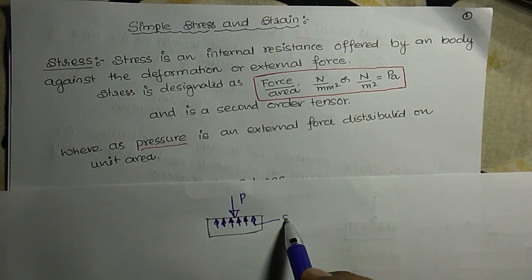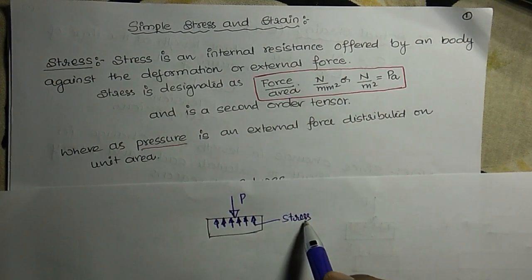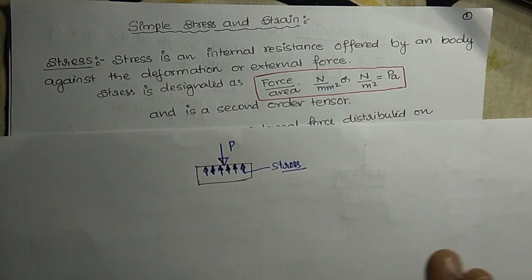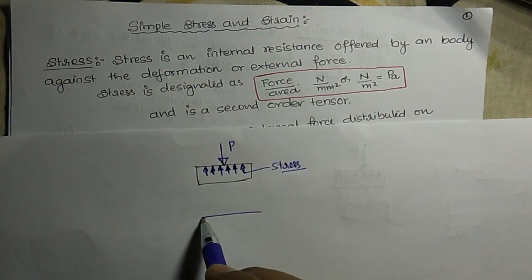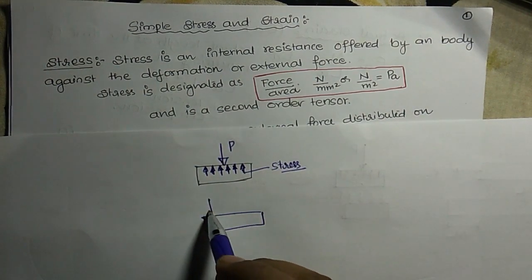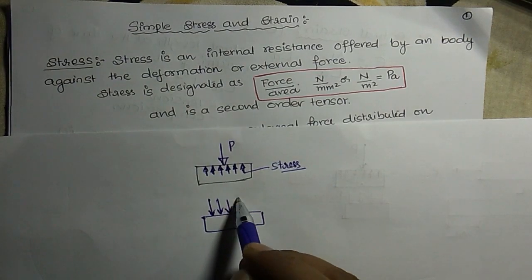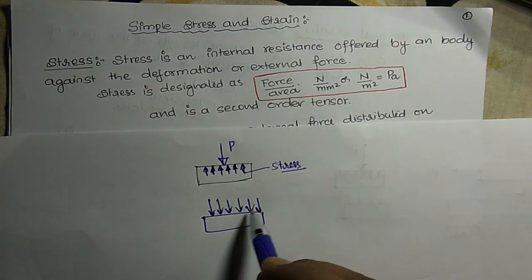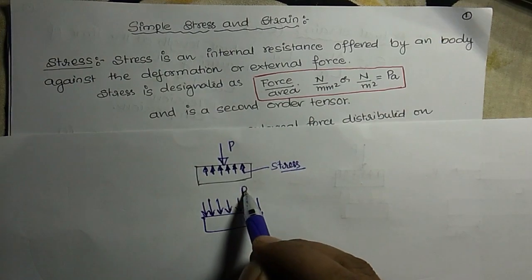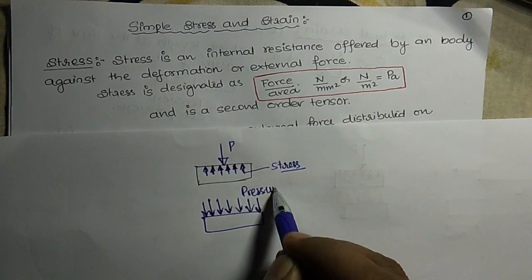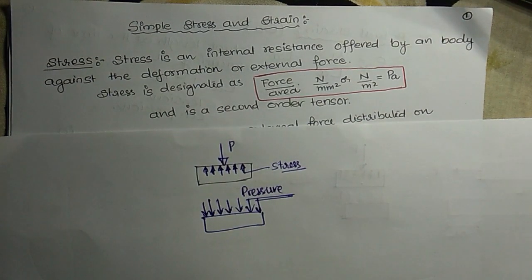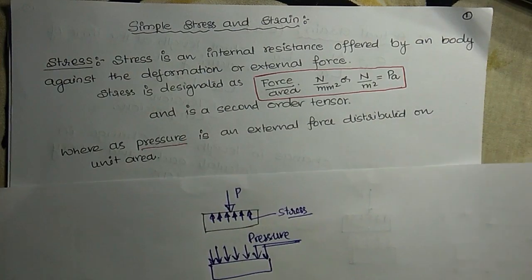This we call stress. Whereas pressure is on the same body, if small forces are distributed over the entire surface, this we call pressure. So this is the main difference.